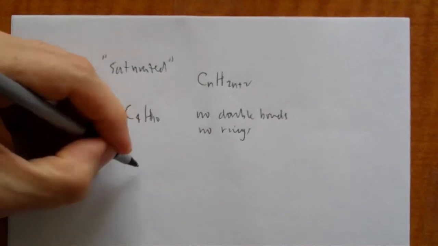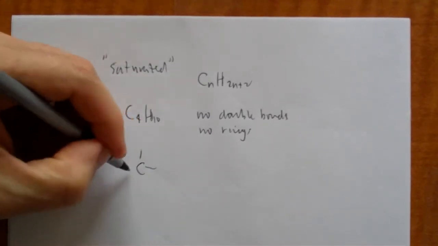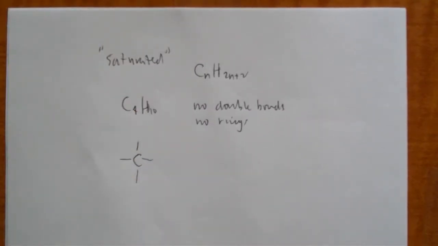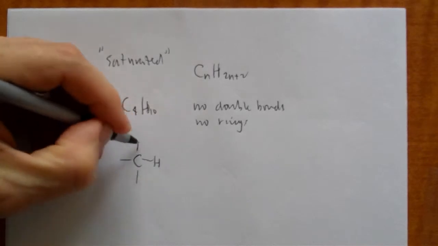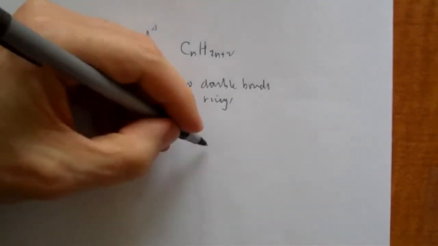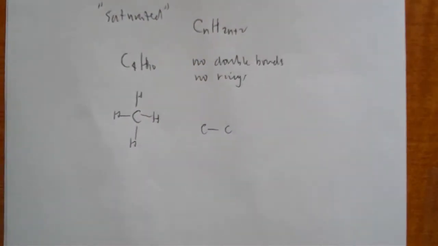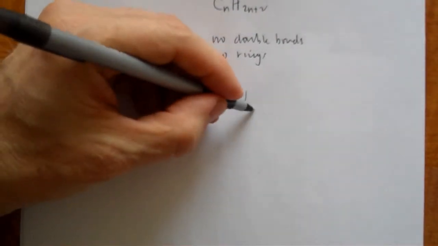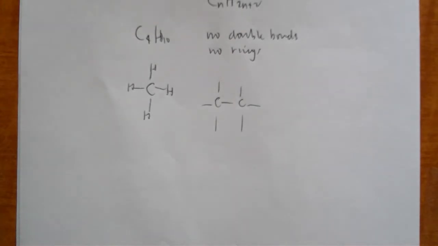Looking at the simplest one, if we have just one carbon, CH blank, you can see how many are possible here. There are 4 hydrogens possible just by looking at that. And what about C2H blank? Can you see that 6 are possible?